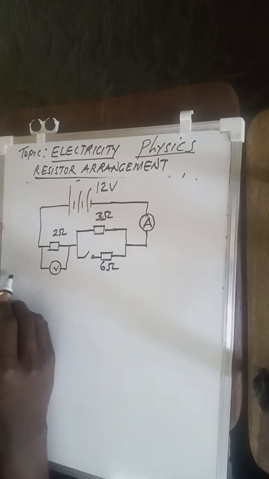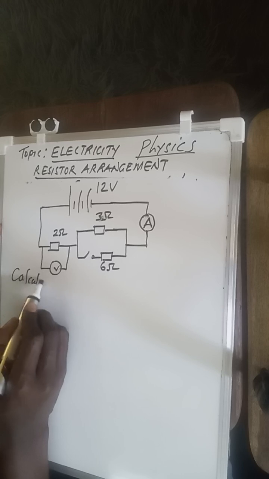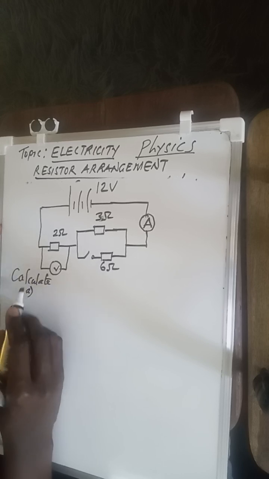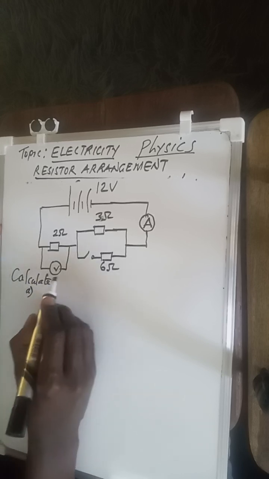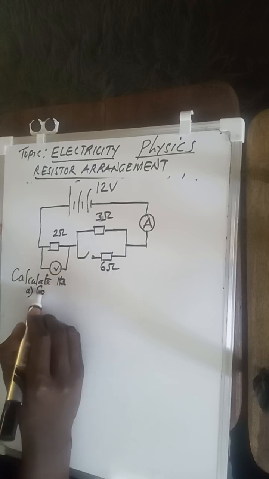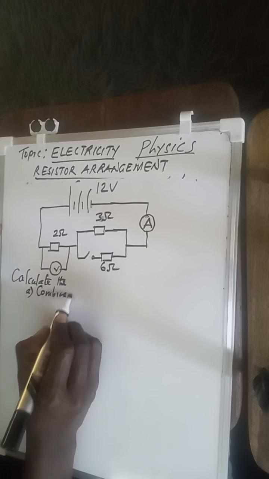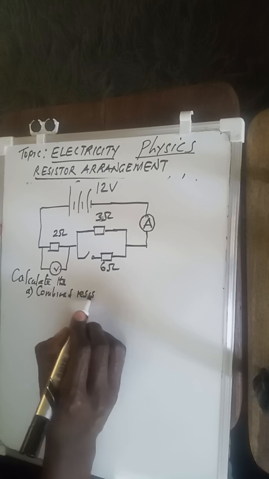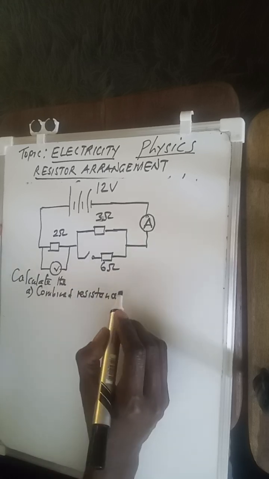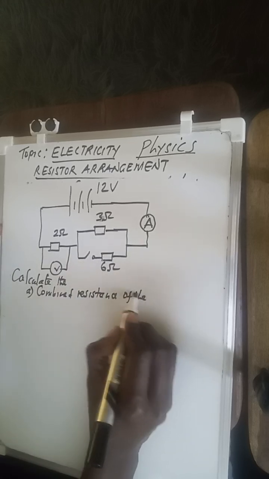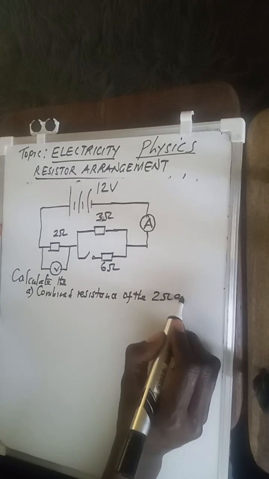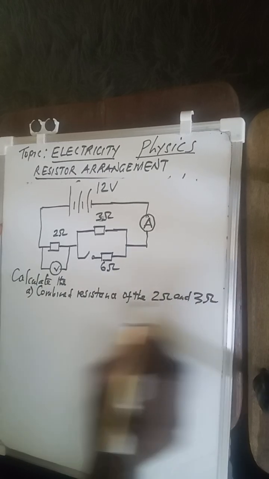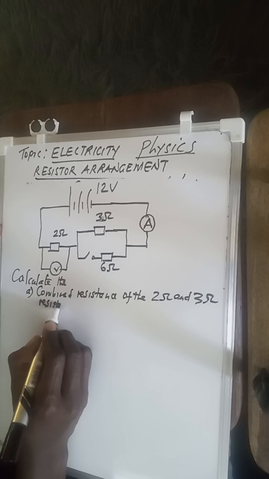Now the question there was simply saying, calculate A. It was saying calculate the combined resistance. So calculate the combined resistance of the 2 ohms and 3 ohms resistor. So that's what they were telling you.